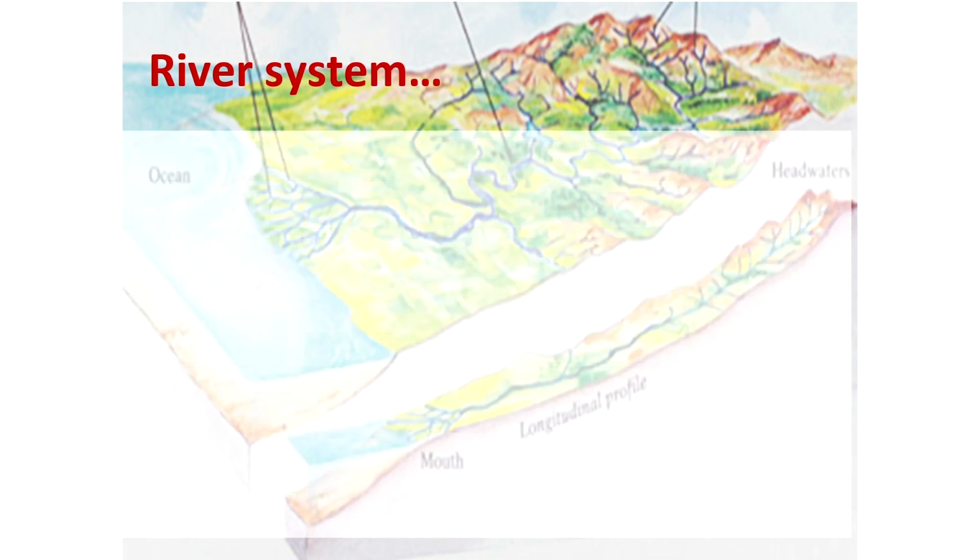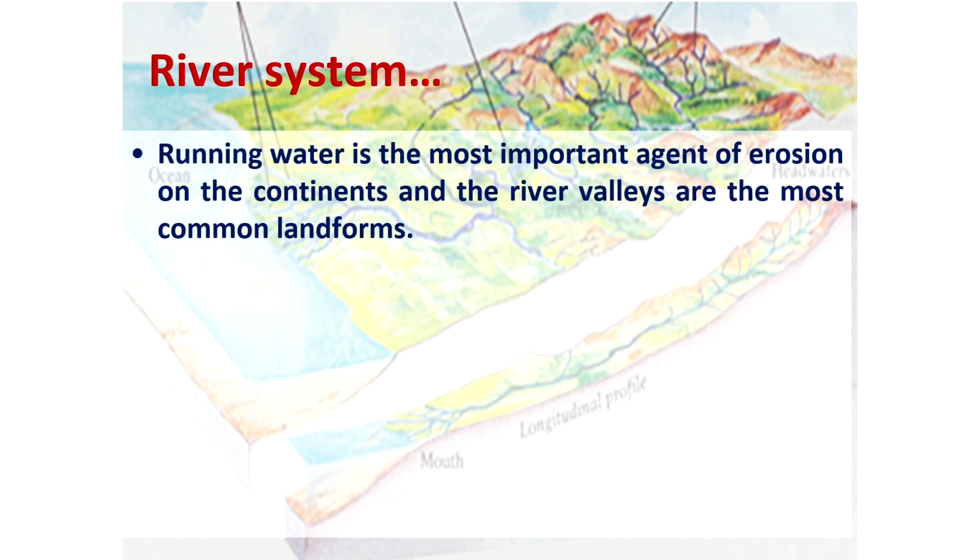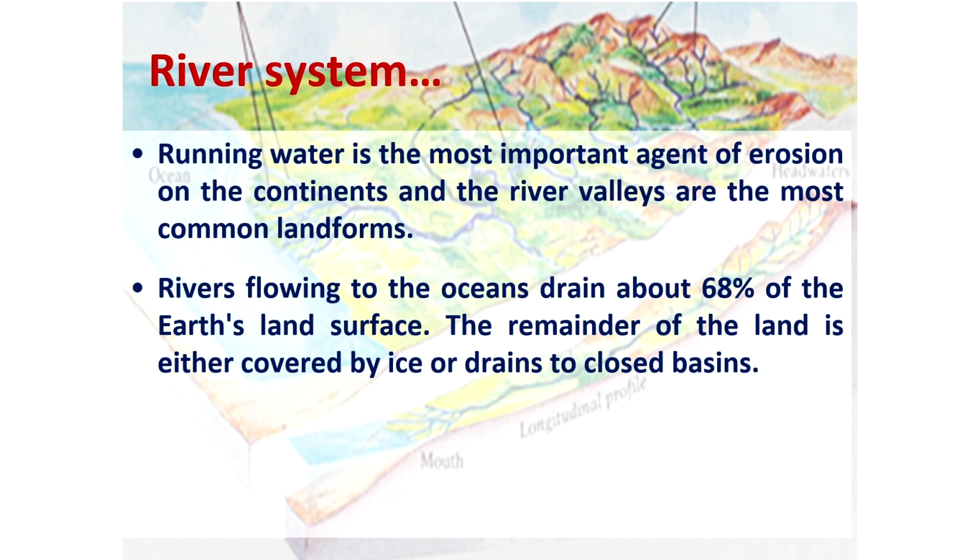So river system as a whole, we talk about that running water is the most important agent of erosion on the continents, and the river valleys are the most common landforms on the surface, provided we have the precipitation. Okay. Rivers flowing to the ocean drain almost 68% of the Earth's land surface.